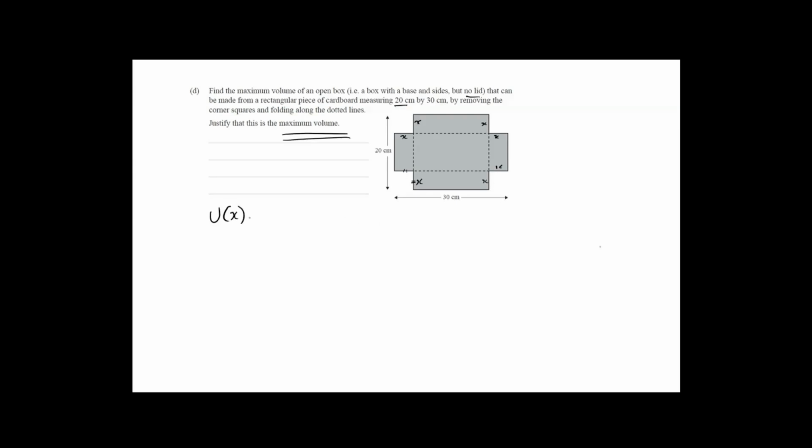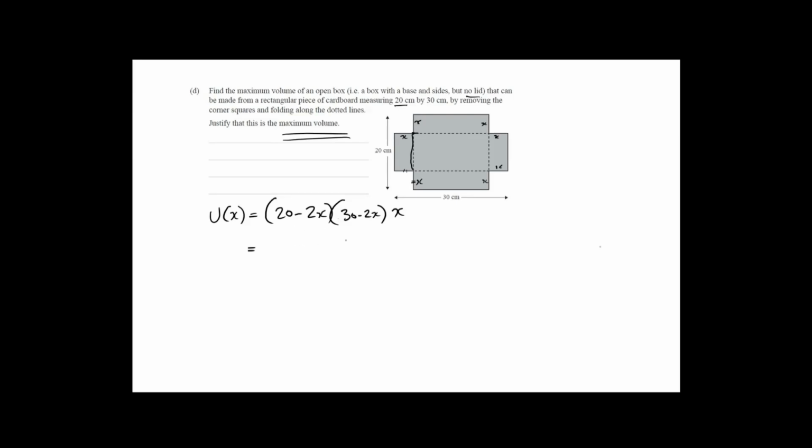The volume as a function of x is going to be this distance here, which is 20 minus 2x, times 30 minus 2x, times the height, and the height is going to be x. Okay, so let's get rid of these brackets.